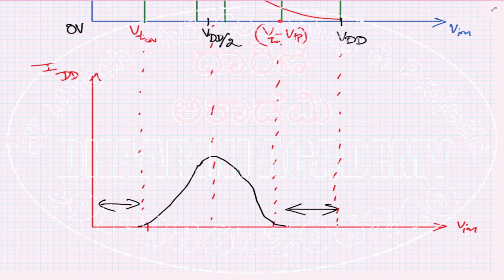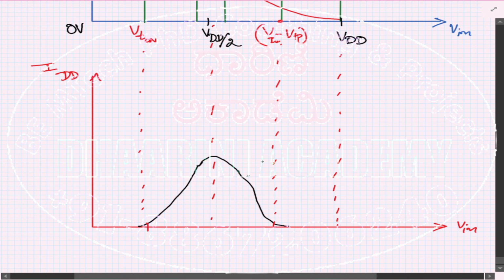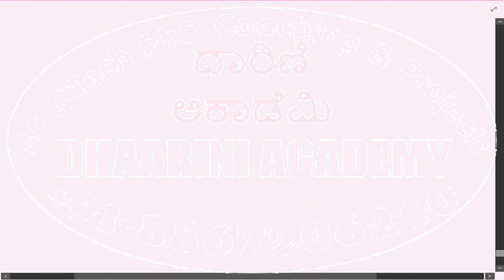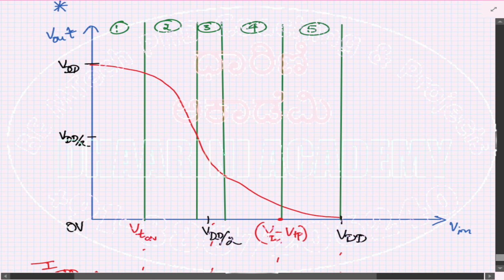So only in between these regions we have the current flowing in the whole circuit. This plot itself is IDSN equal to magnitude of IDSP. This is the graph which we have plotted here. These two graphs are necessary to explain the whole concept.